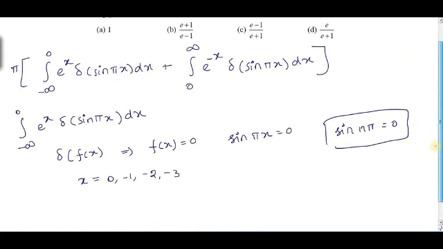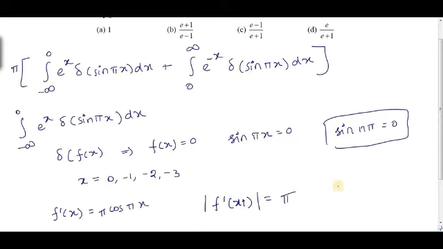Then the second step, we have to differentiate this f of x. We differentiate, we will write f dash of x. The differentiation value is nothing but cos pi x into pi. Then we will substitute the roots into the modulus of f dash of x, and if you substitute you will get pi alone.